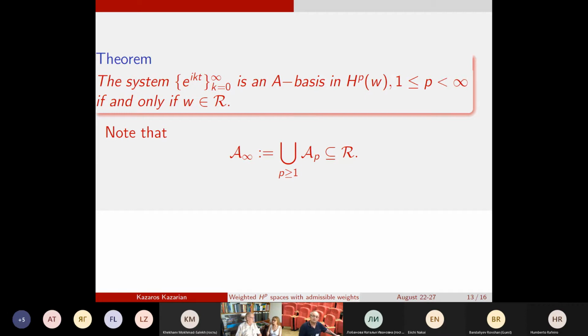And what does A-basis mean? It means that if we decompose any element of the space HPW and afterwards consider the summation method, Abel summation method, then any element can be represented as the Abel sum of the decomposition.